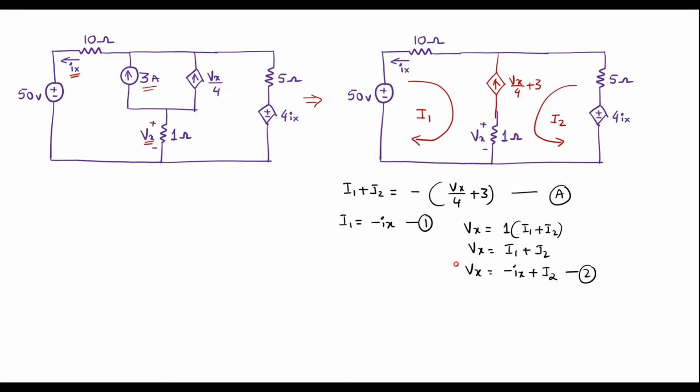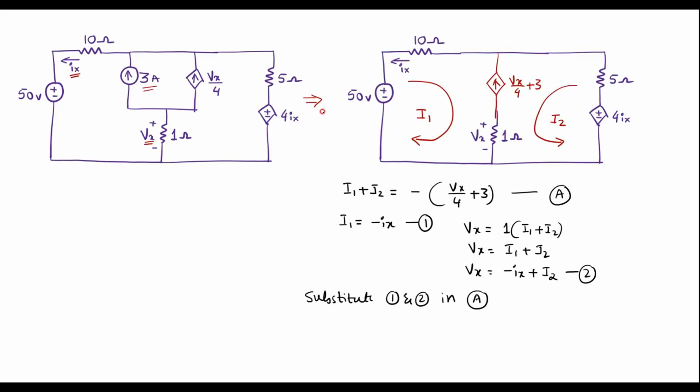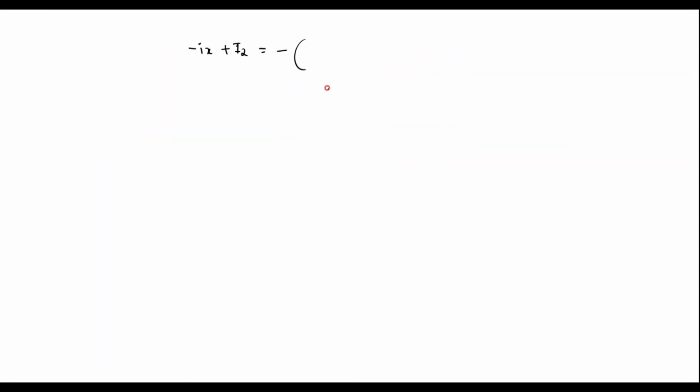Now I will substitute the I1 value and Vx value in equation A. That is, substitute 1 and 2 in equation A, so I can write I1 is nothing but minus Ix, that is minus Ix plus I2, is equal to minus Vx by 4 plus 3, where Vx is nothing but I2 minus Ix. So minus I2 minus Ix divided by 4, plus 3.